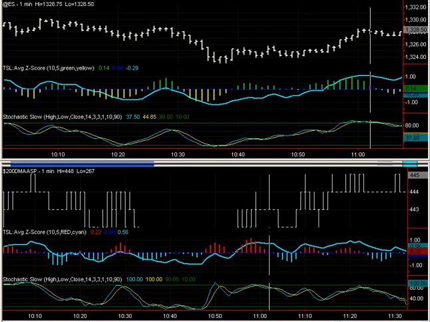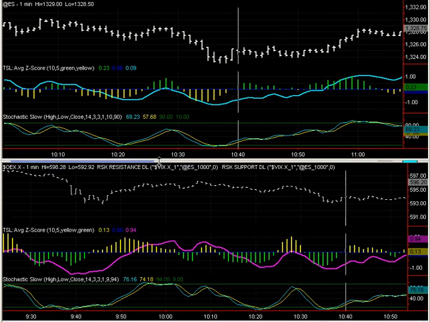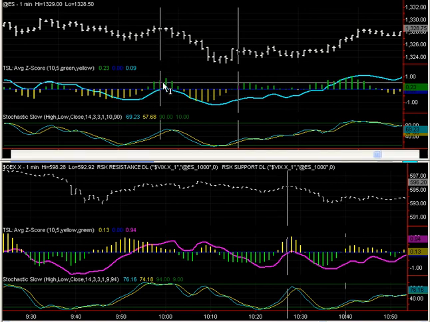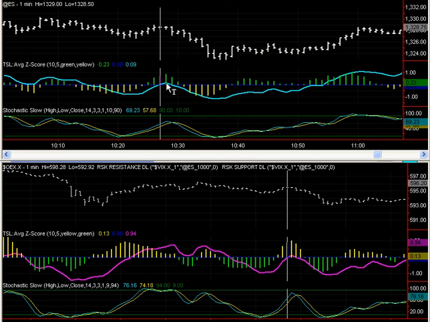Now, just another thing about the Z-score. We said that there's primarily just two components here, and that's somewhat true. There's really three components. There is the momentum portion of the equation. There's the Z-score average.